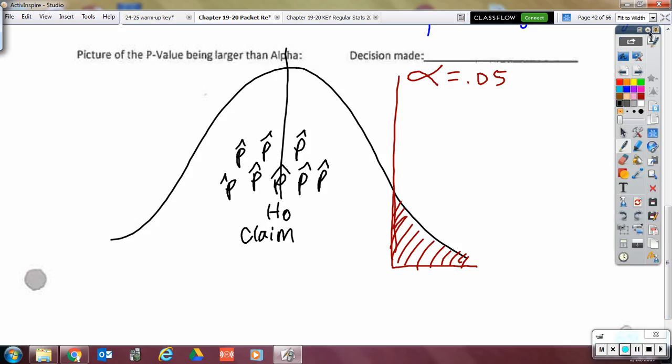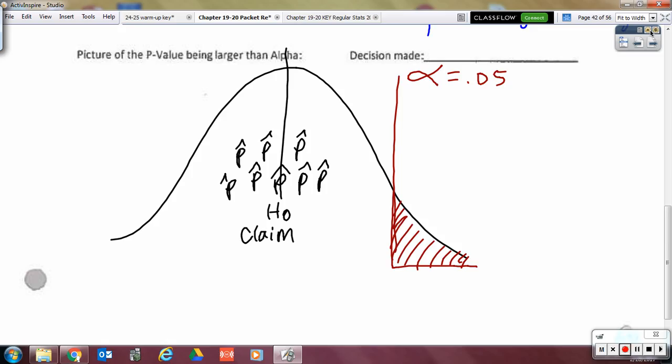All right, we're on the lower picture, and I've got a sample here, and it's fairly close to my null hypothesis. It is only happening because of sampling variability. It is not outrageous. So let's color the p-value.